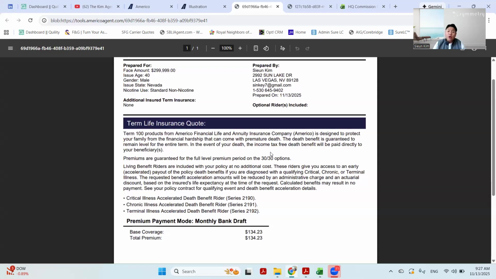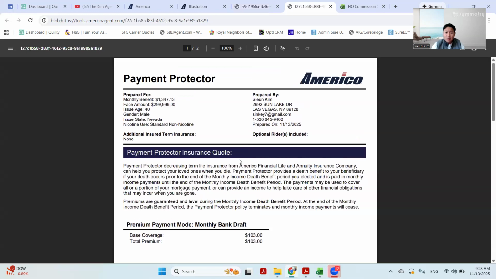Right? And also it comes with living benefits. So it comes with critical, chronic, and terminal illness. So if you had a heart attack, stroke, cancer, major organ failure, things like that, or if you have long-term care, then we will actually pay the death benefit up front while you're alive to help you. So that's 134. The other one is 103.